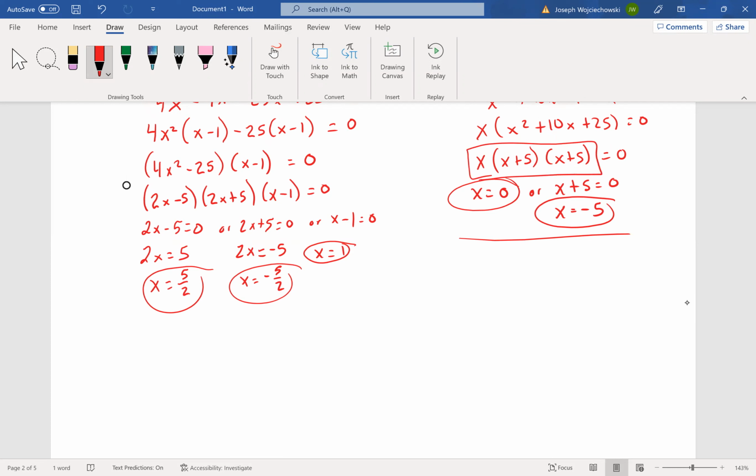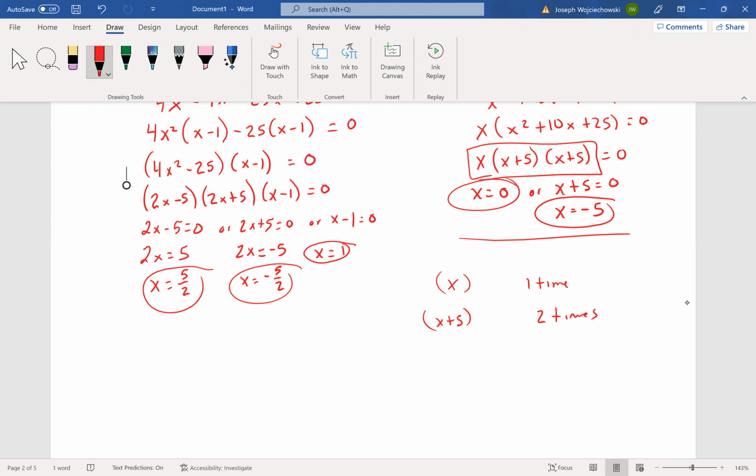So this tells us that x appears one time, and x plus 5 appears 2 times.